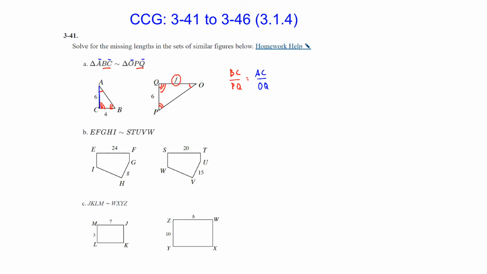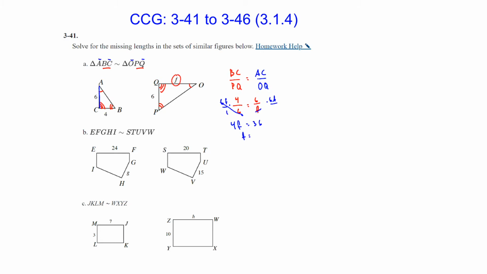So let's plug in what we know. BC is 4, PQ is 6, AC is 6, and then OQ is the variable F. So then we can go ahead and solve. Multiply both sides of the equation by 6F so that it cancels the denominators. The 6s cancel, which leaves us with 4F is equal to, and the F's cancel, since F divided by F is 1, 6 times 6 is 36.